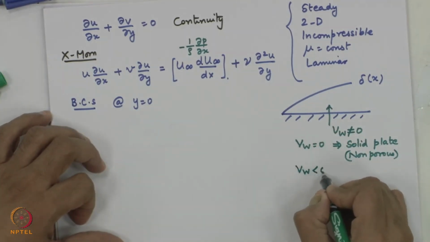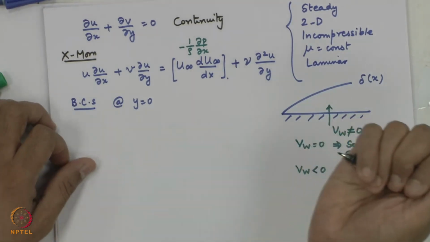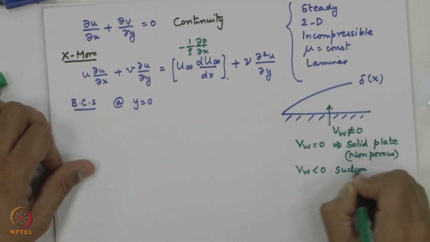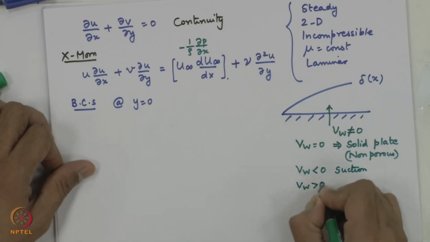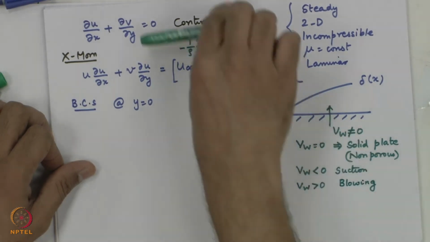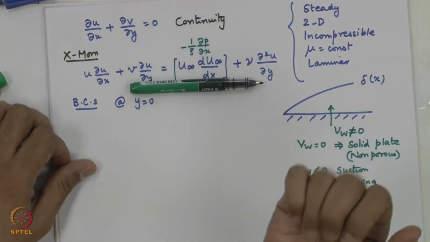Vw less than 0, where velocity is in the negative direction, we call this suction. Vw greater than 0, we call this blowing. Suction is where you suck out the air or the working fluid. That is used as a technique to reduce the boundary layer thickness.